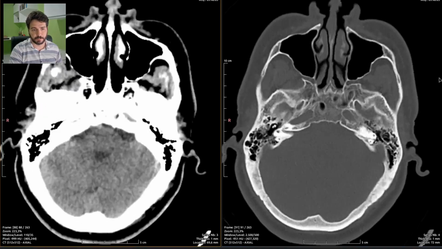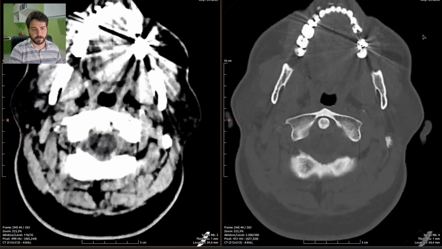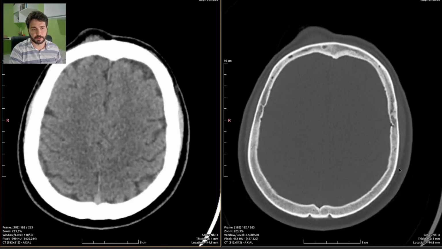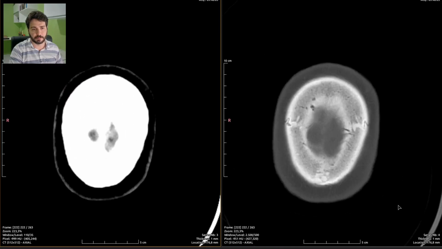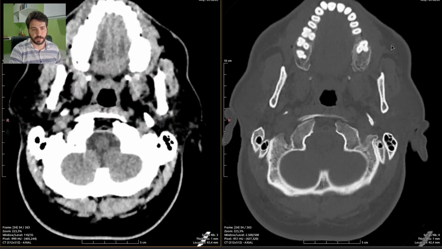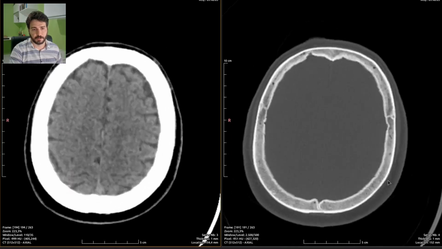I know, I'm going to point it out. Wait a minute. Let me just focus on the most important part of the exam, which is the brain parenchyma itself.